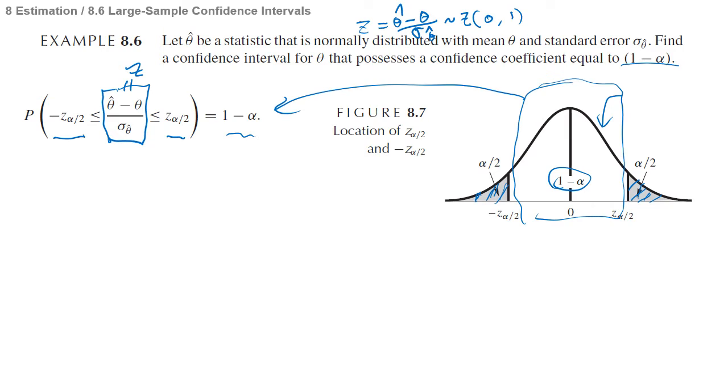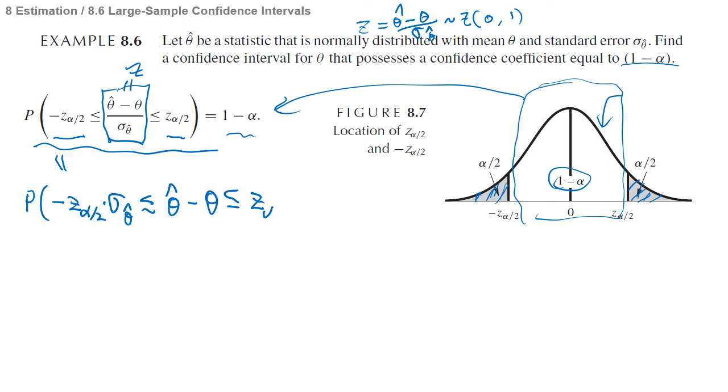This is the probability. And so what we need to do is rewrite this part. We multiply the standard error on both sides, left-hand side and right-hand side, then we get z alpha over 2 times sigma theta hat, minus theta, this is z alpha over 2 times sigma theta hat.